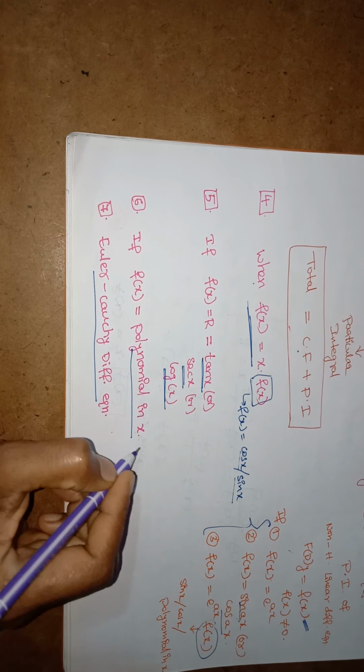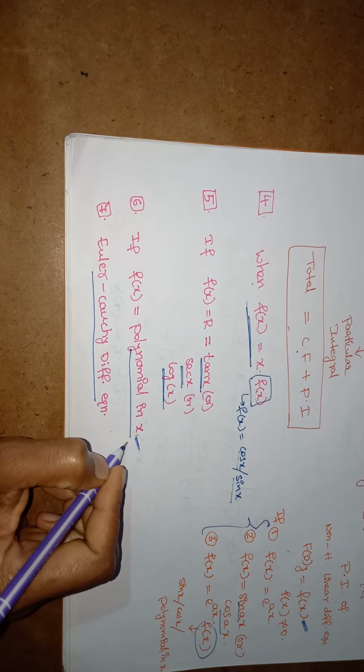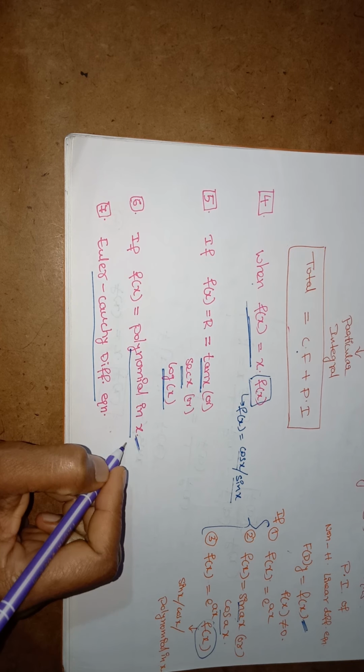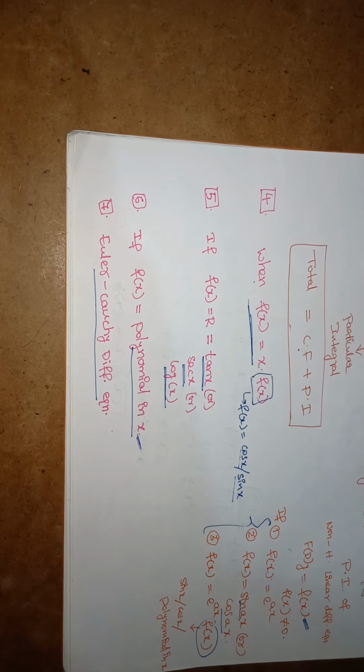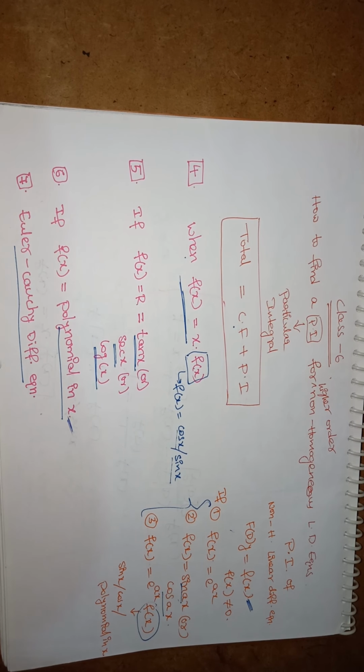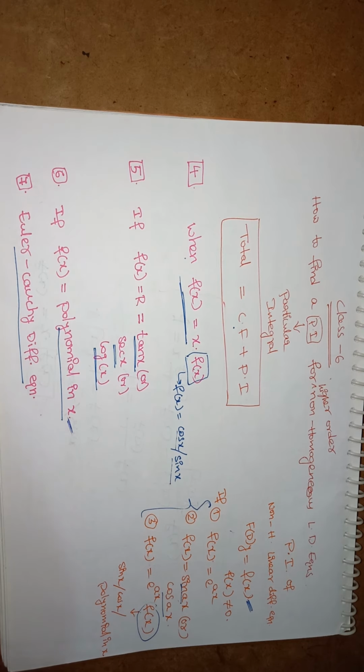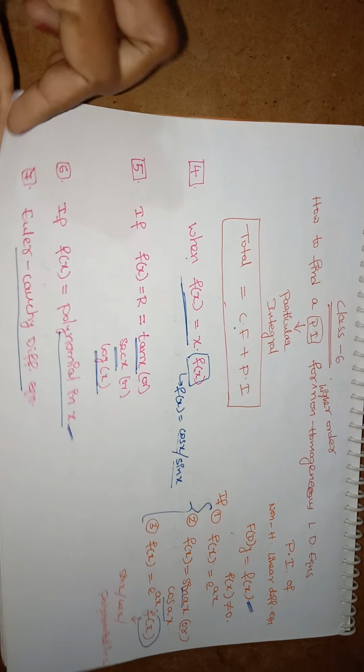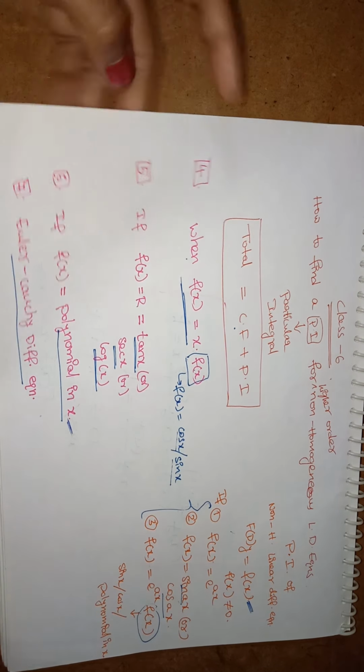For this last method I will give you a trick for finding the solution. We will learn one after the other. So we have a total of 7 methods to find a solution for higher order linear non-homogeneous differential equations. Today we will learn the 4th, 5th, 6th and 7th methods.